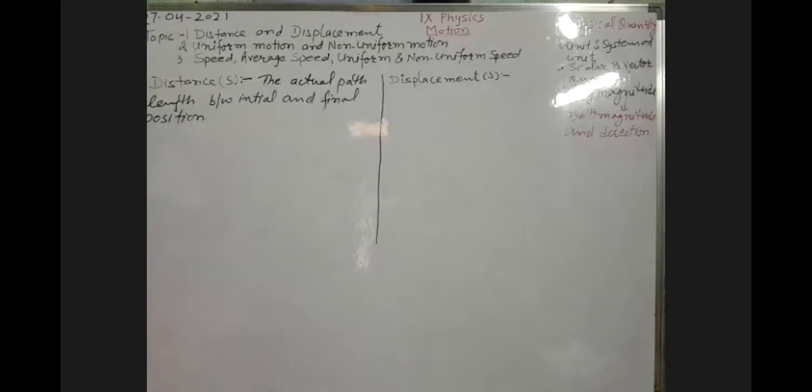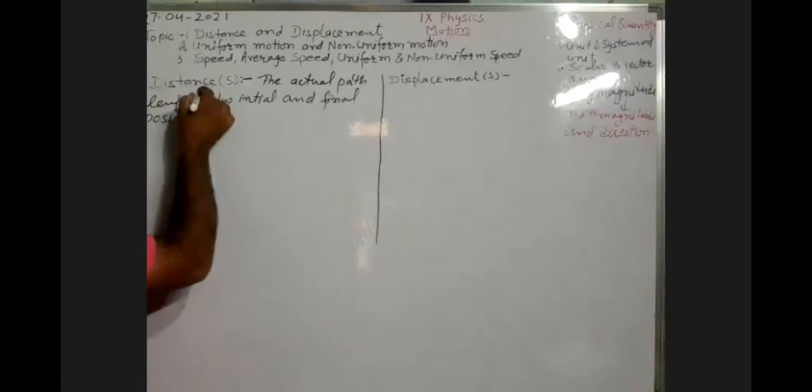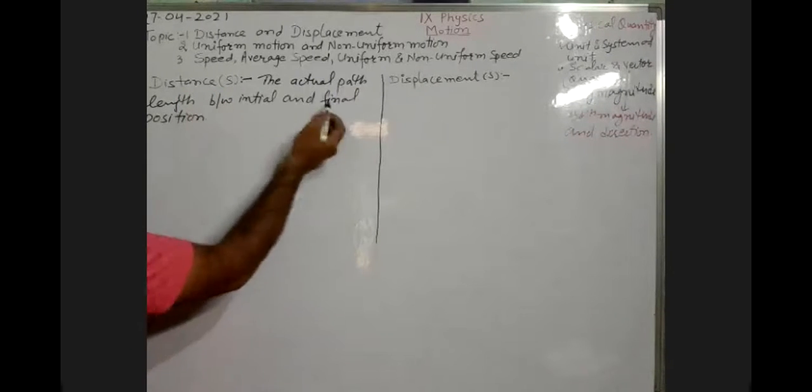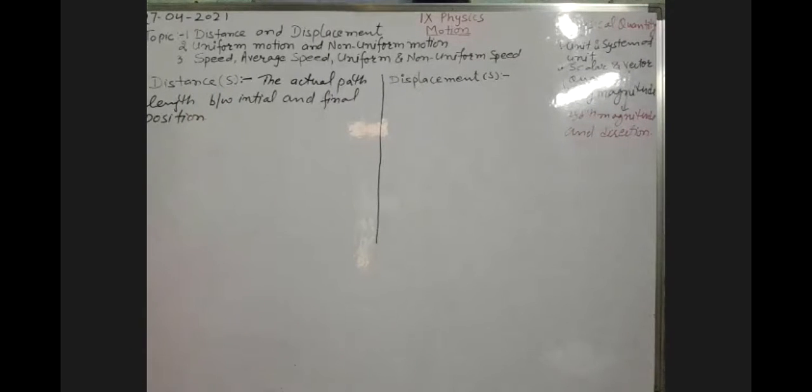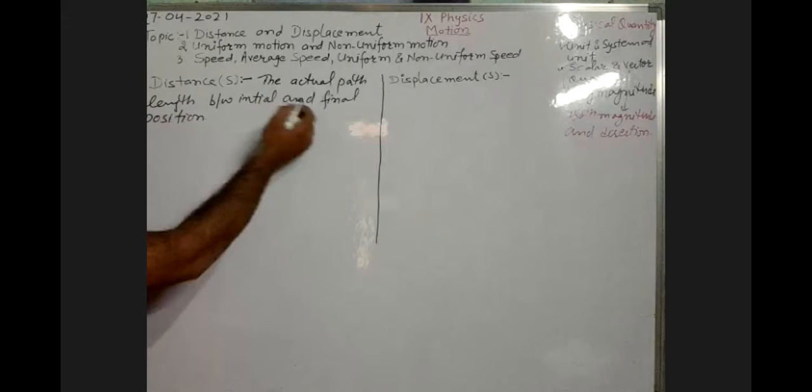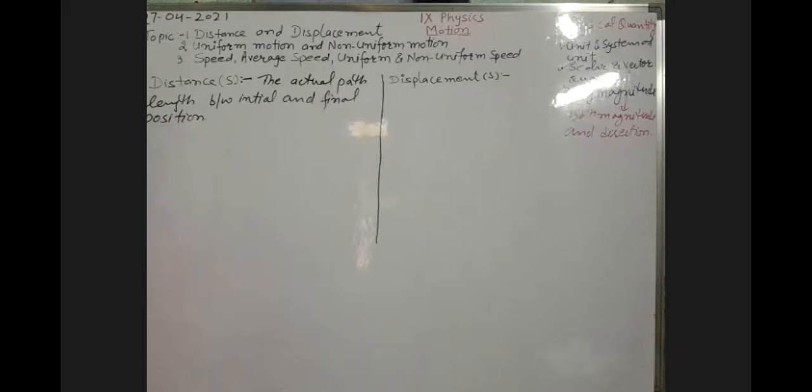The actual path length covered by an object between initial and final position.